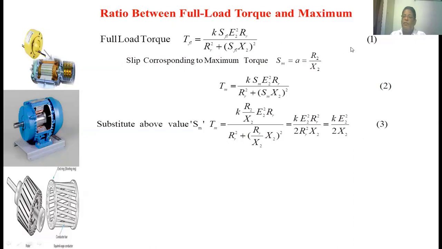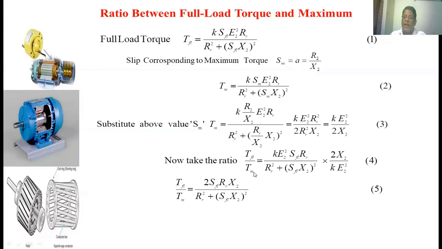Now this is the expression of the maximum torque developed by the induction motor, and this is the expression of the full load torque. So the full load torque by maximum torque is equal to, taking the ratio between equation 1 and equation 2, K into E2 square SFL RR by RR square plus SFL X2 whole square into 2X2 by K into E2 square. Here K into E2 square, K into E2 square gets cancelled.